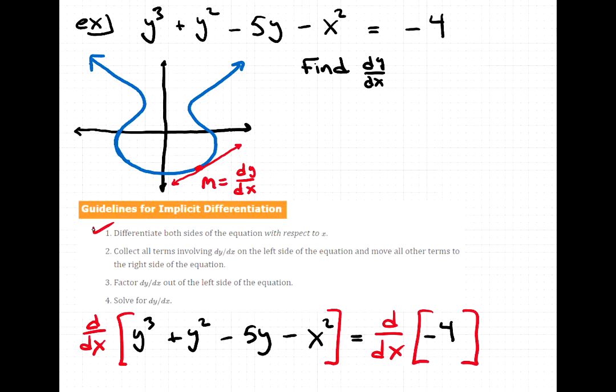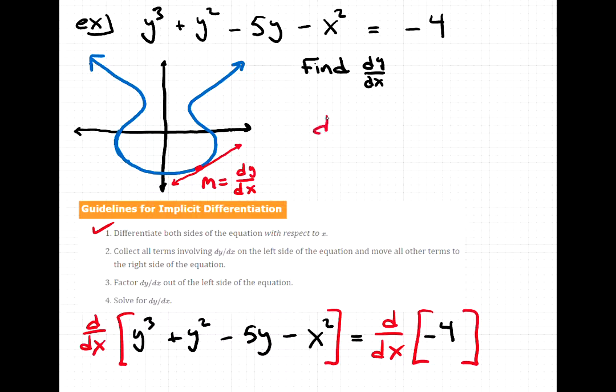Okay, so once we take the derivative, then there's going to be some dy dx's in there. And so we're basically applying the chain rule. So let's look at this first term here, the y to the third power.